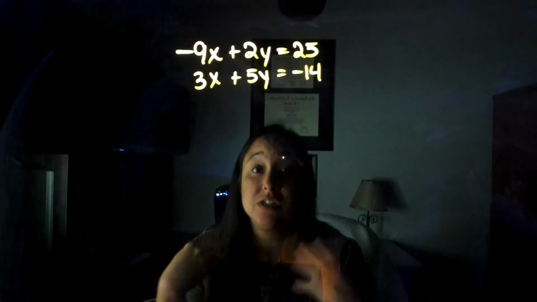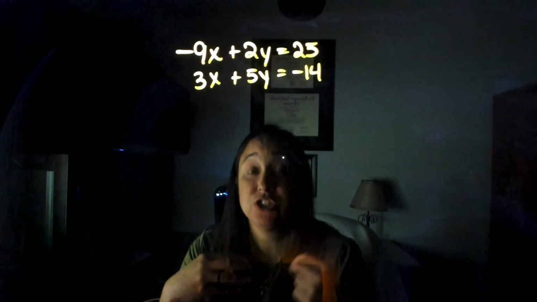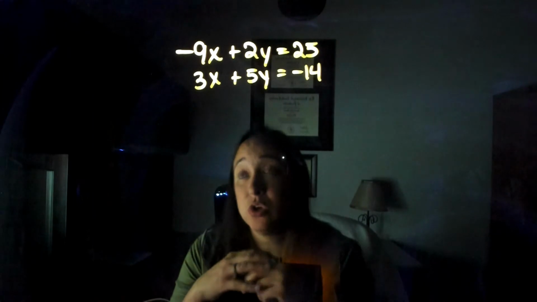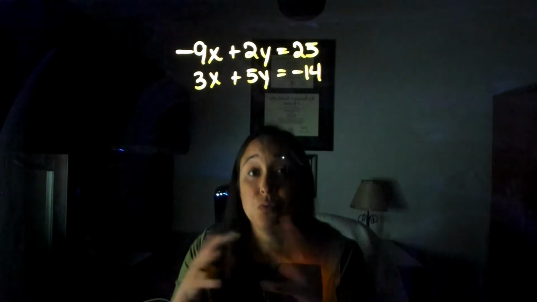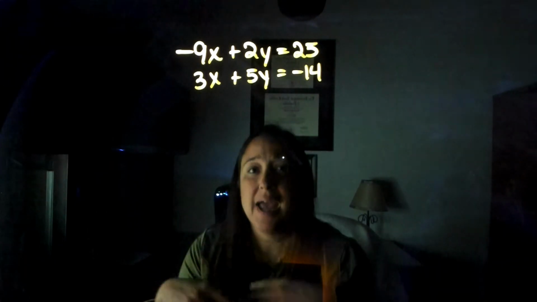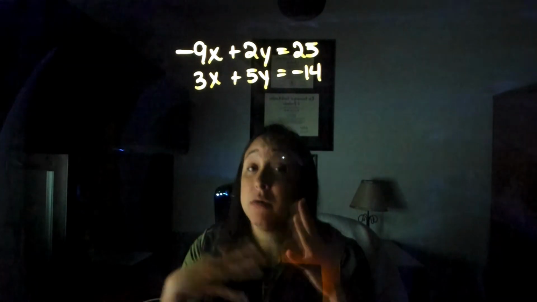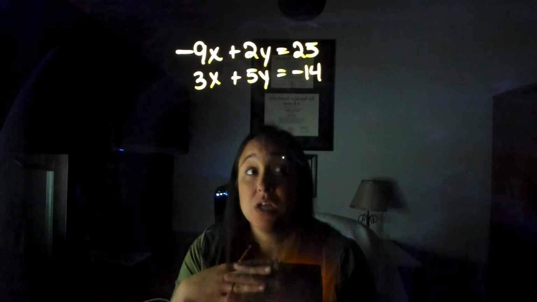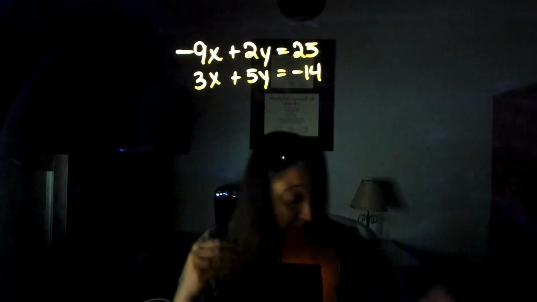If you want to look some more of these up, it's the elimination method. We call it that because we want to manipulate one of these equations so that when we add or subtract the equations, or combine them in some form or fashion, one of the variables is eliminated.